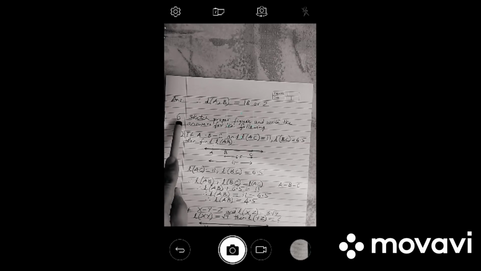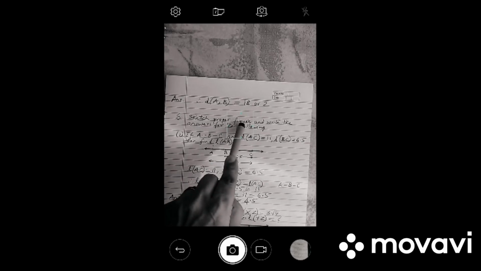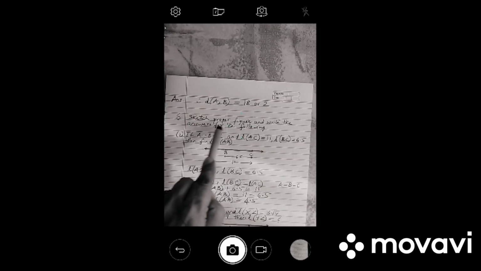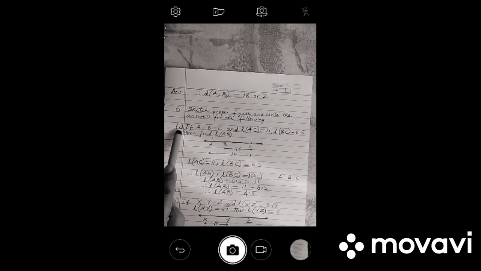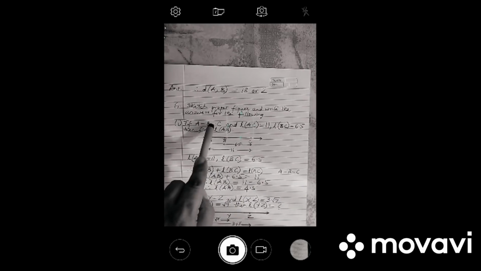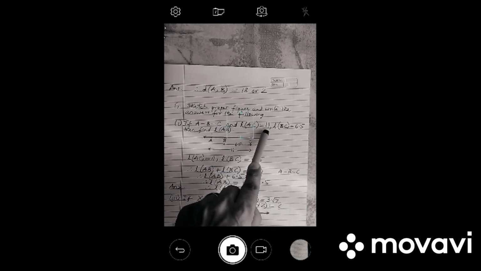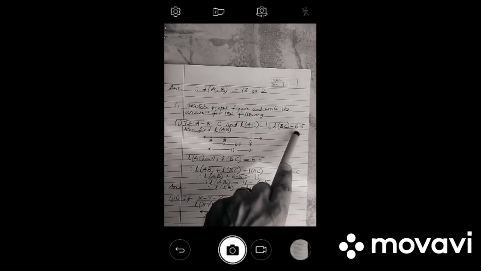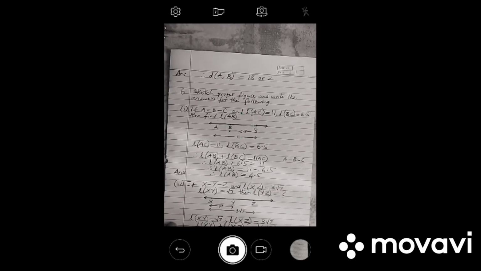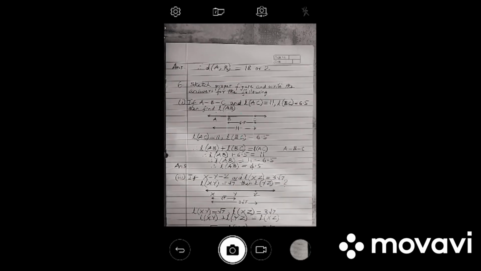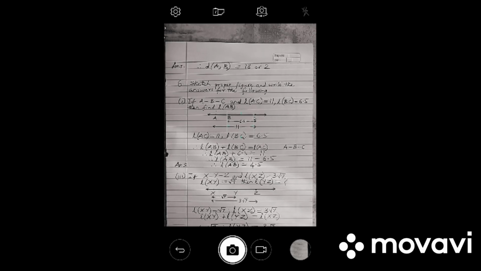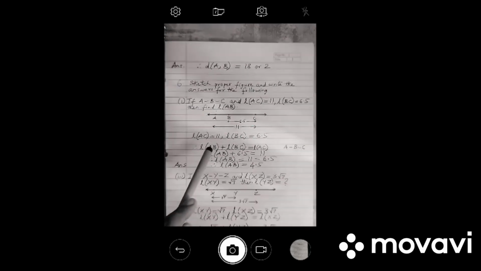Now question number 6 says, sketch proper figures and write the answers for the following. The first one, if B lies between A and C and length of AC is equal to 11 and length of BC is equal to 6.5, then find length AB. So first we will sketch the number line.